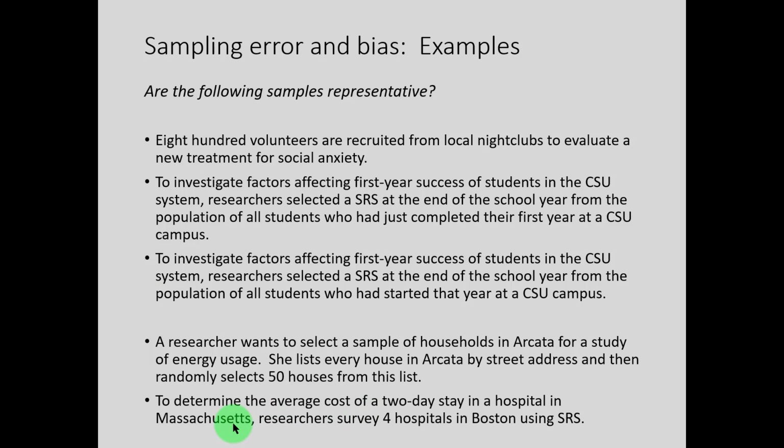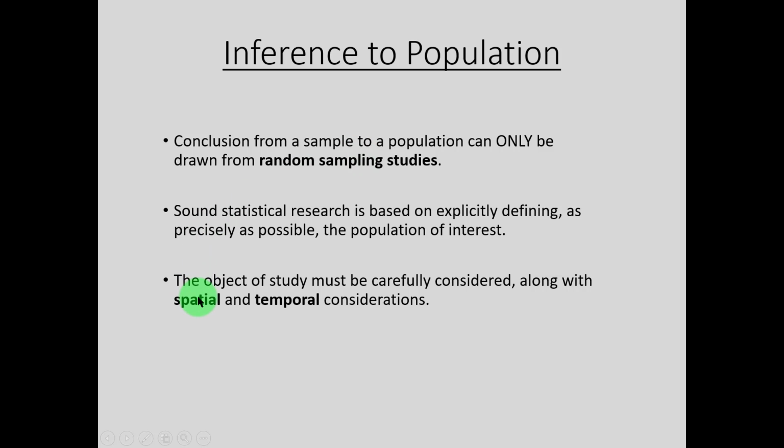The very last one we have Massachusetts and Arcata and the one before it, but like this first one, it only says local nightclubs. So where is that applying to? So it's important to have time and space explicitly mentioned in your study, so if there are any inferences that can be made, we know exactly to which populations they can be made.